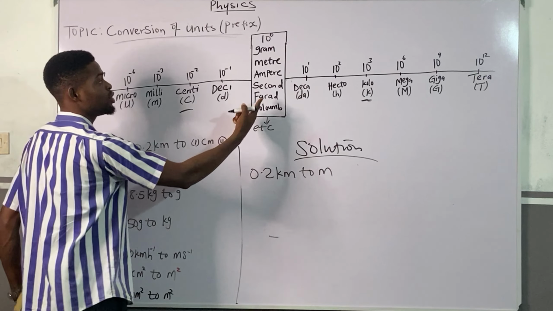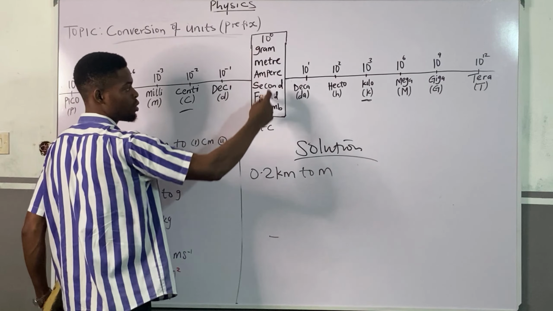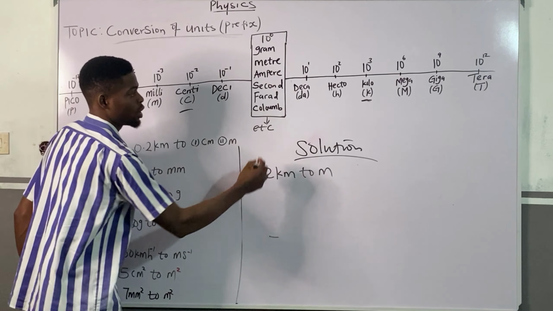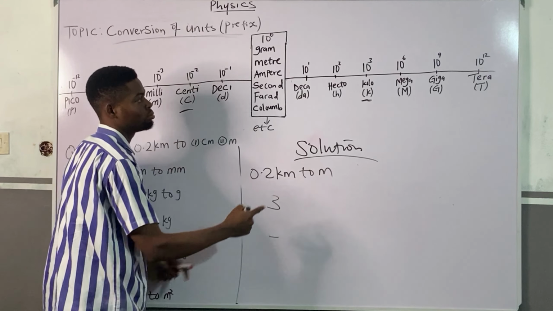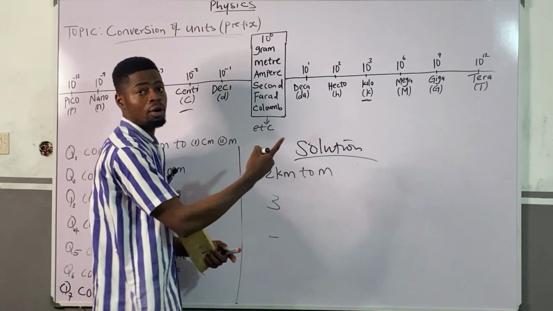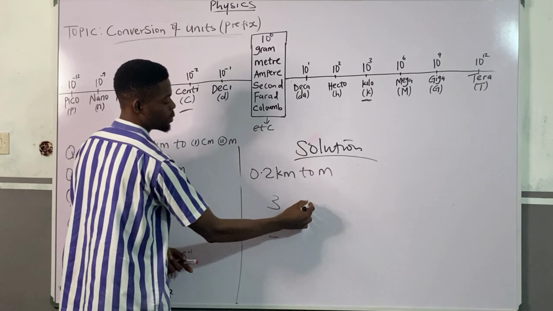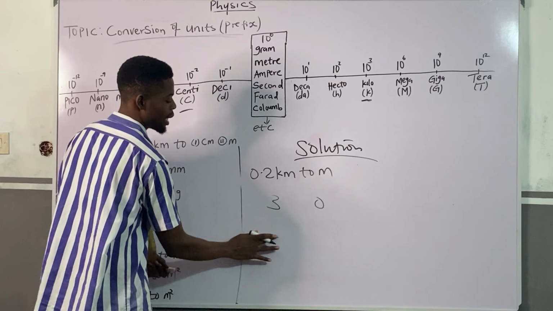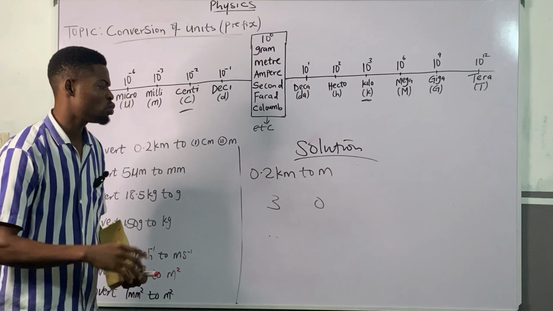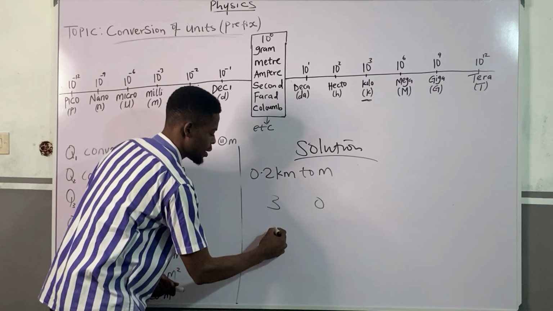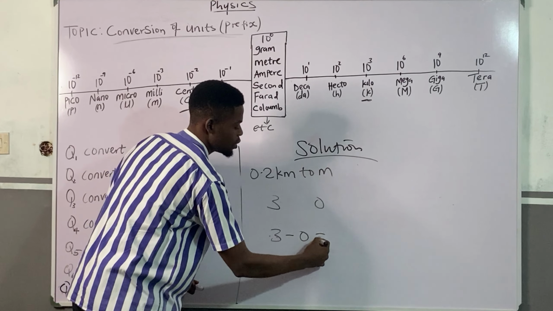Meter is one of the base units. So the power of kilo is 3, then for meter we have 0. So we are looking at the positive difference between 3 and 0. So you have 3 minus 0 is equal to 3.